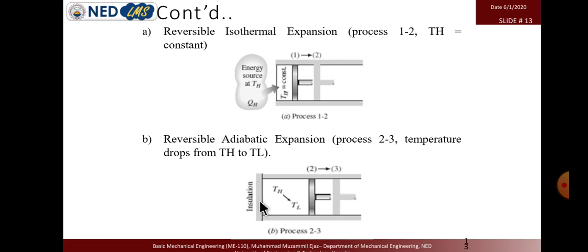When we place insulation, the internal energy of the system will decrease, and that internal energy will produce work and the gas will expand further. So that will be the reversible adiabatic expansion from process 2 to 3.